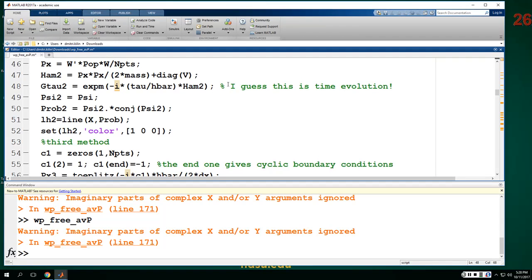About exponential and phase accumulation, right? So it should be time increment, Planck constant, imaginary unit, EXPM.